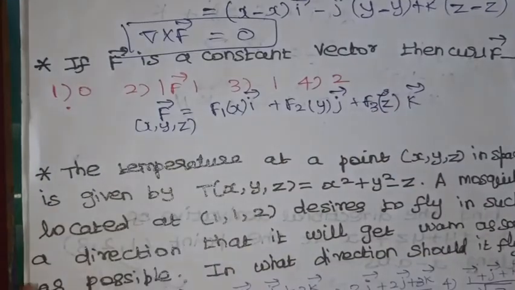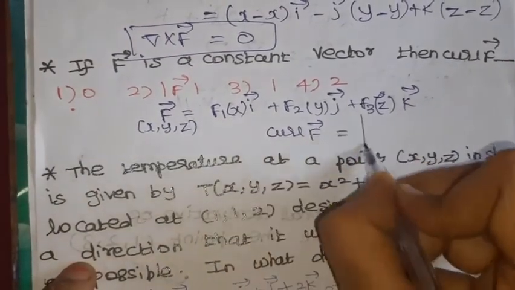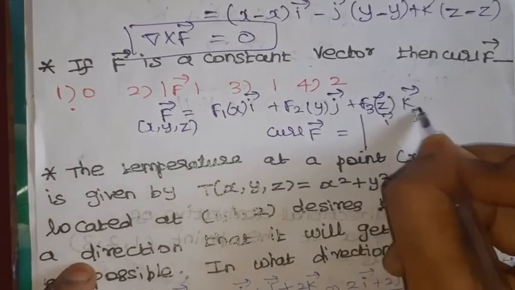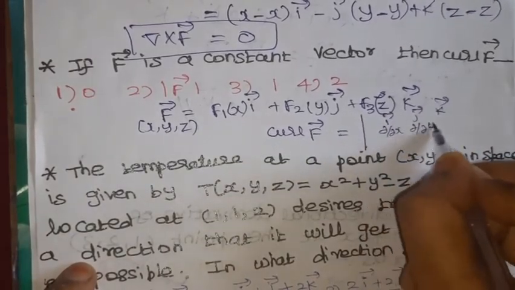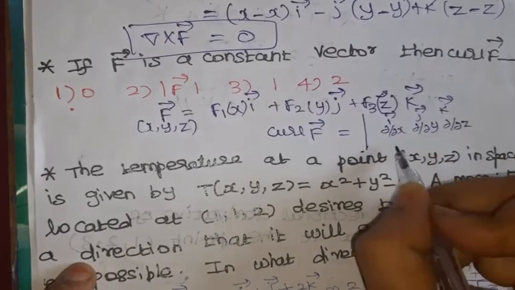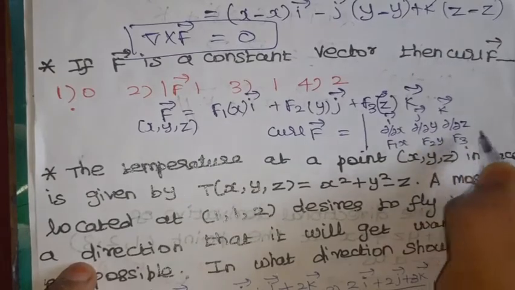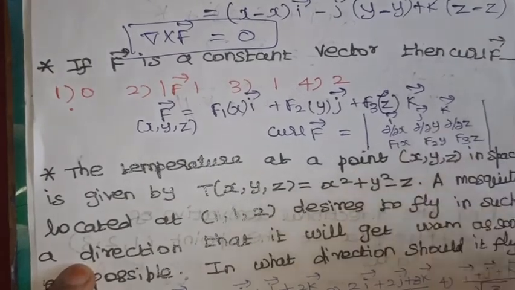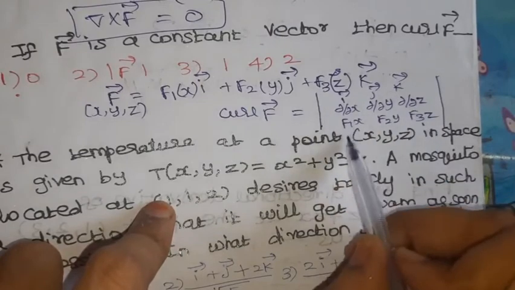So what is curl f? Just the i, j, k method. Use i, j, k, then ∂/∂x, ∂/∂y, ∂/∂z divided by f1(x), f2(y), f3(z). Okay.